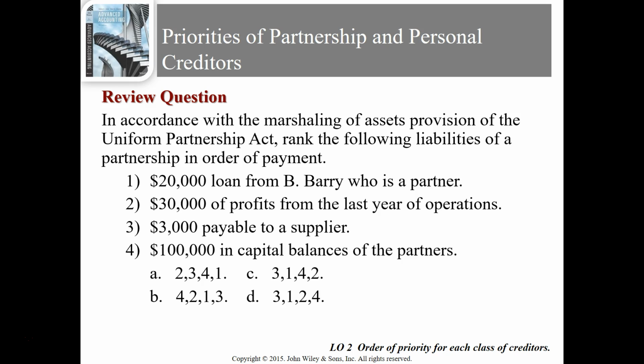Hopefully you've answered choice C as in Charlie: the $3,000 payable to a supplier is number one, the $20,000 loan from B. Barry is number two, the $100,000 in capital balances of the partners would be number three, and the $30,000 of profits from the last year of operations is number four.